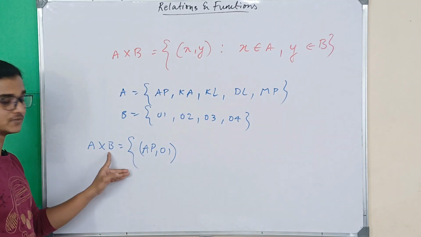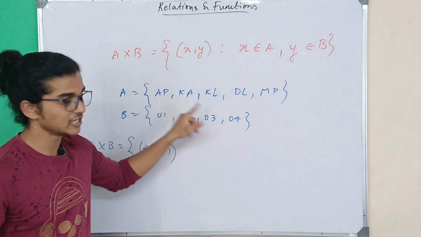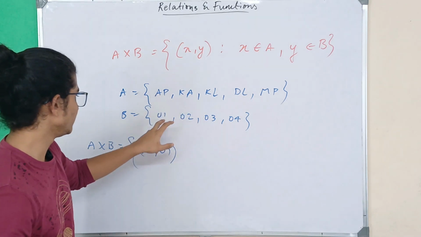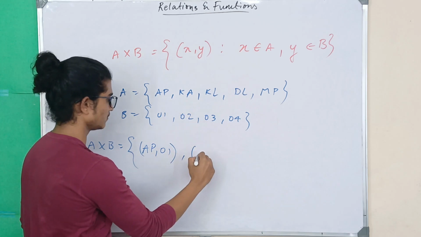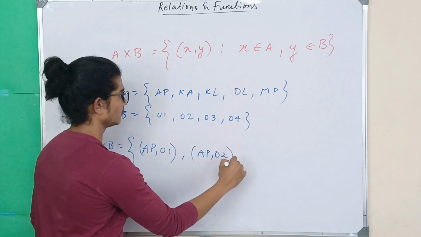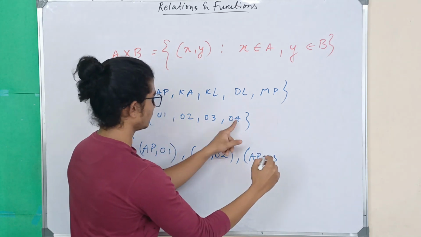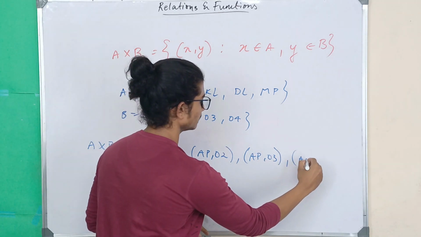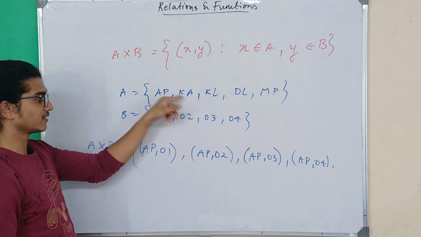So if I say A cross B, go to the first set and then match with every single element which is there in B. So (AP, 01), (AP, 02), (AP, 03), (AP, 04). After you're done with AP, let's go to the next one, KA.